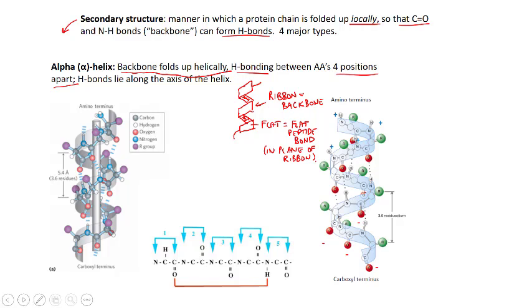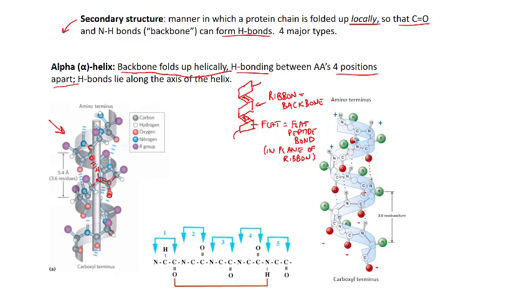All right, so if your peptide bond lies more or less in the plane of the ribbon, what you end up with is a molecule that looks like this if you were to zoom in on each of the individual atoms. What we have are peptide bonds. So here is our NHCO. And notice that each NH is lined up with a hydrogen bond acceptor 4 amino acids away in the sequence of the protein.